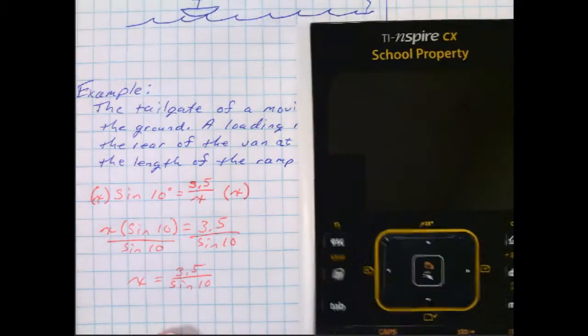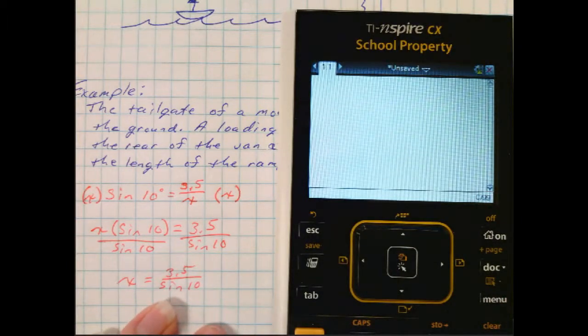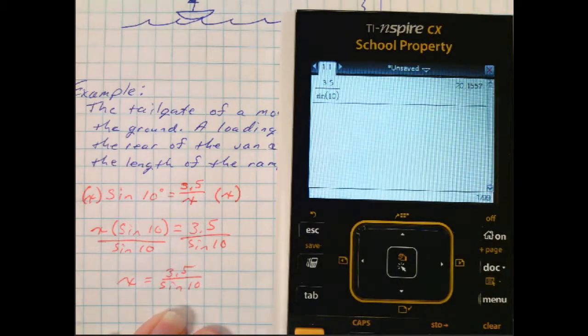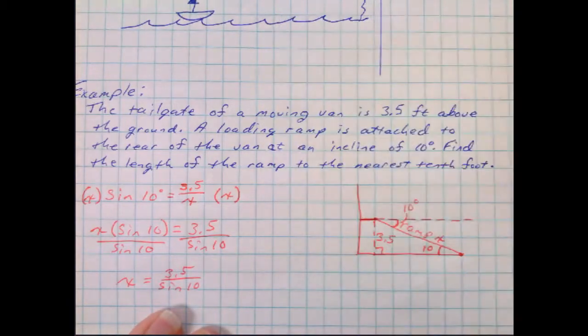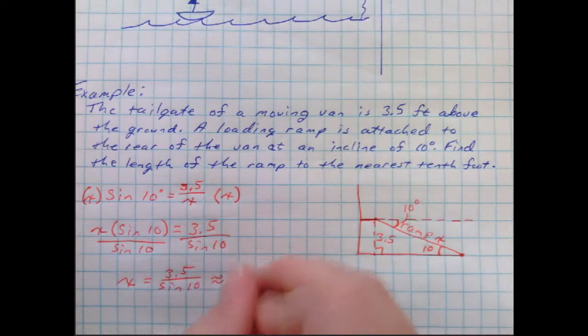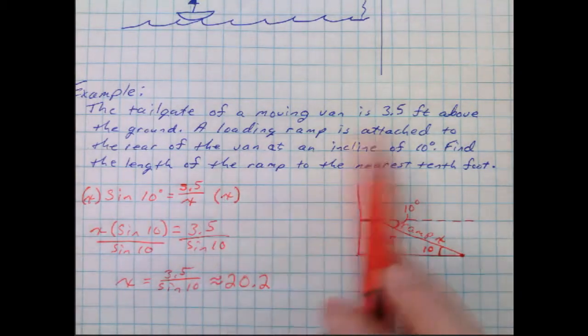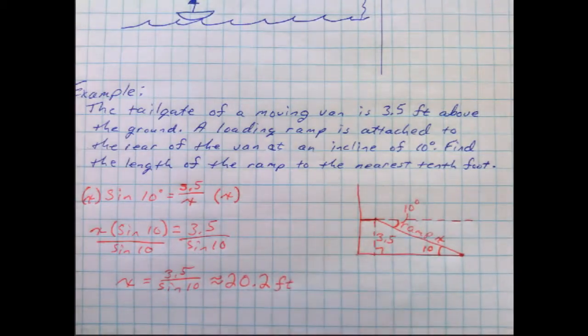We're going to punch that into our calculator. So we have 3.5 divided by, we go to our trig functions, sine, and then 10, and we end up with 20.1557. We're going to go to the nearest tenth again, so that would be approximately 20.2. And that would be feet. Our label is feet here.